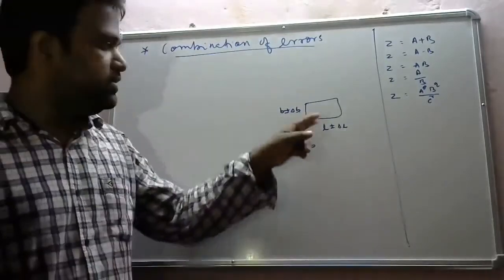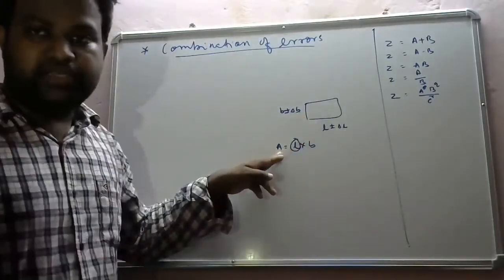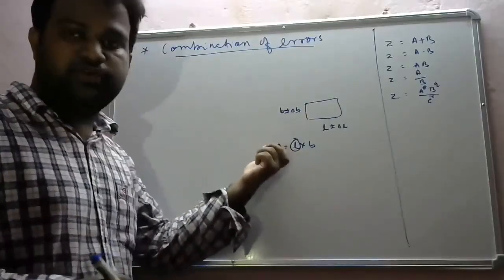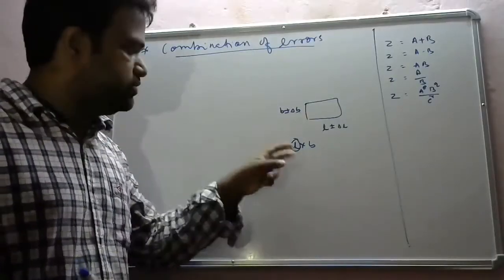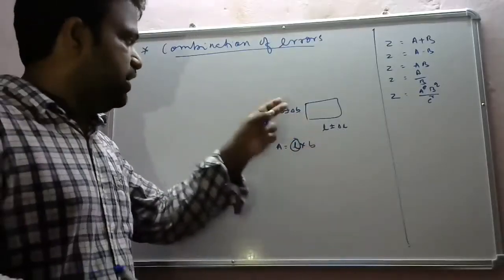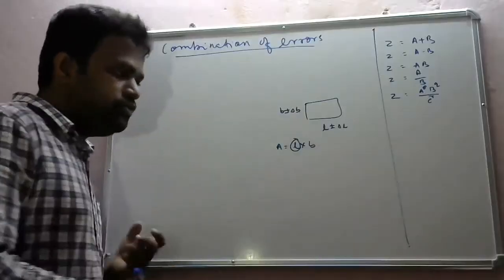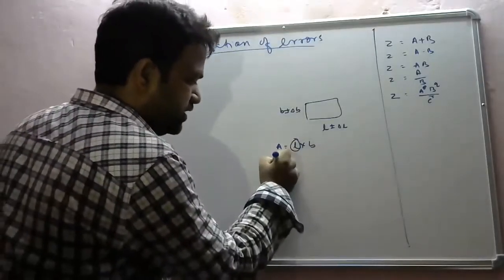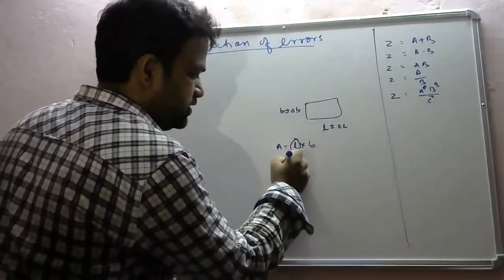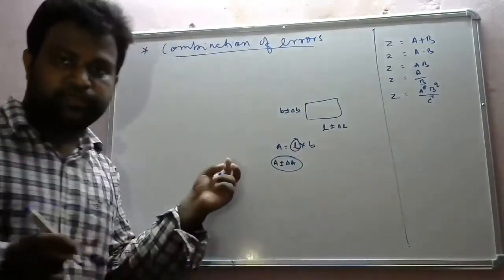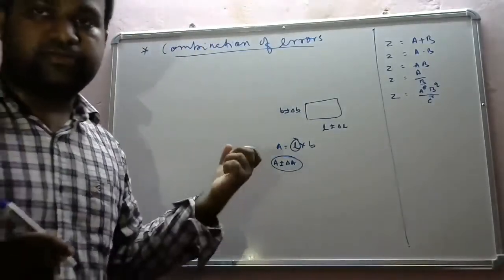That means when you find area, you will also definitely find some error in area, because you are multiplying these two things and each individual has some errors. So how will you find out? You will also get A plus minus delta A in the result. So these are called combinations of errors.